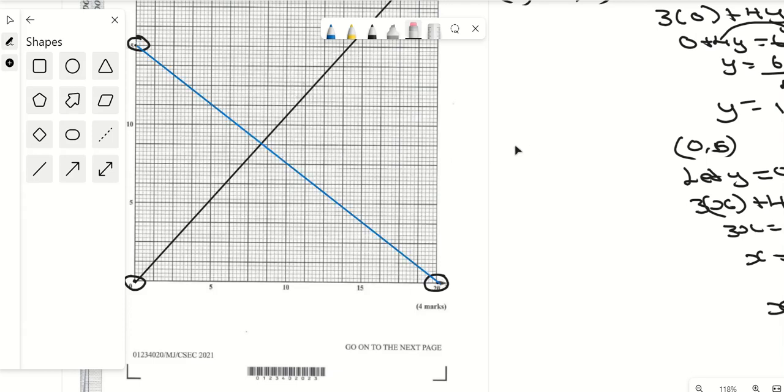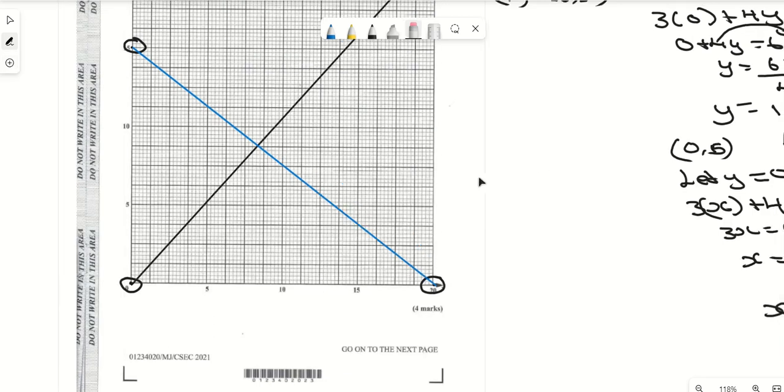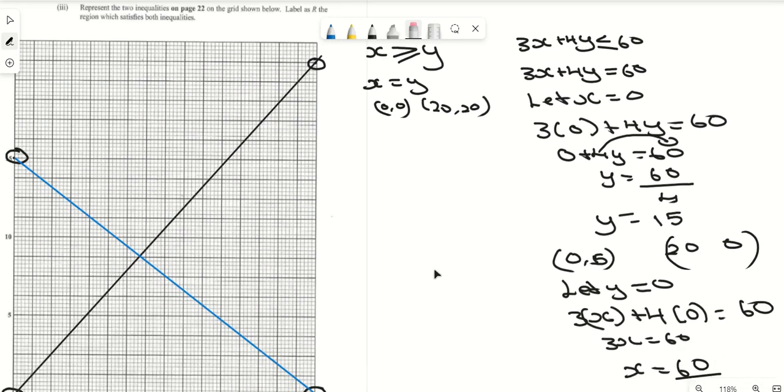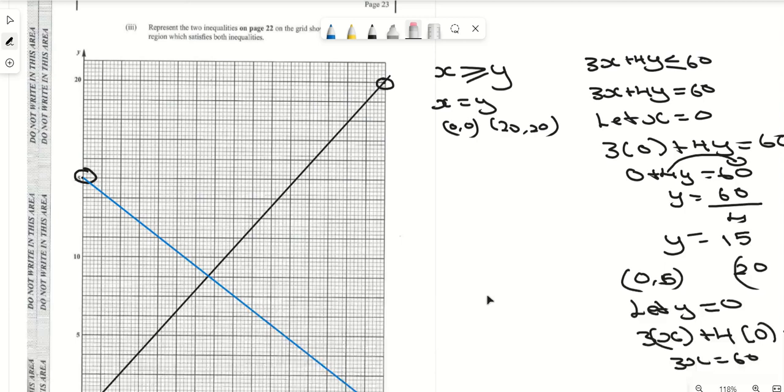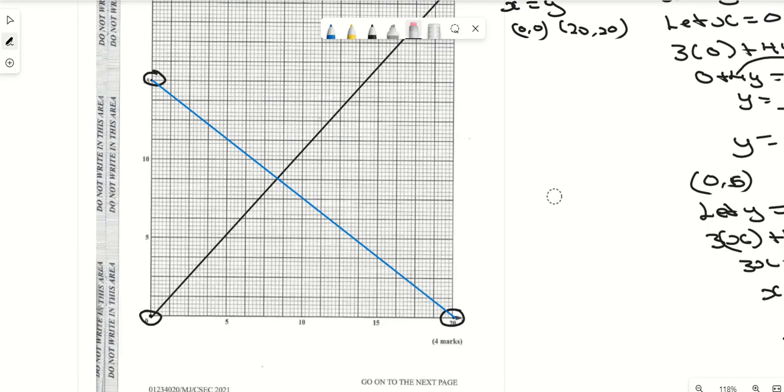So they said that we want a region that satisfies both. So the first one is x is more than or equal to y. That is, we're comparing x to y. To compare the x's to y, we want where x is more than y.